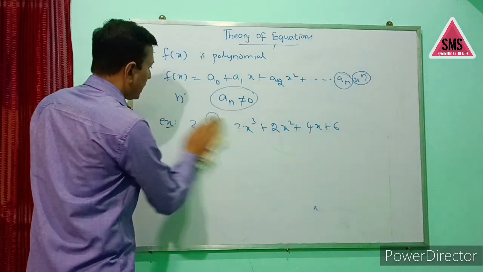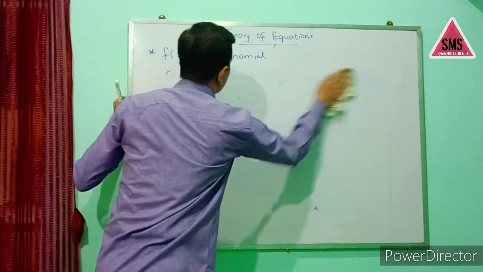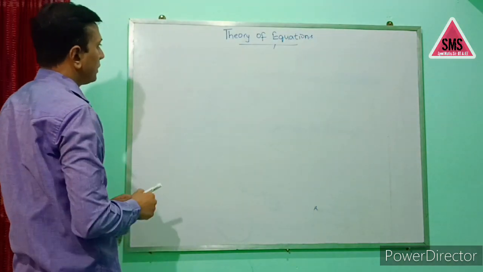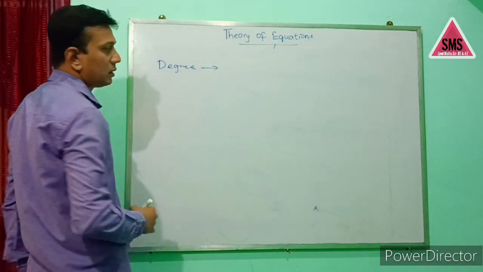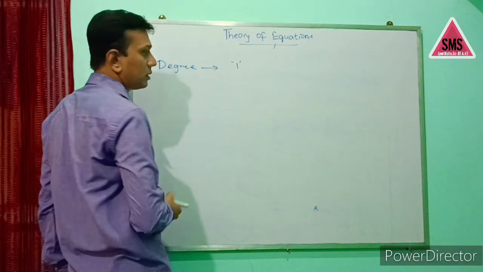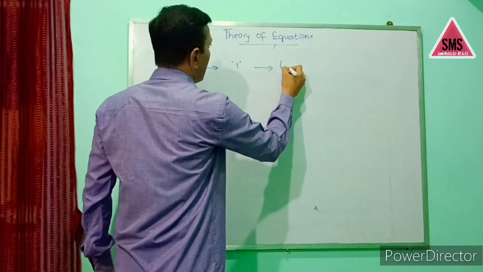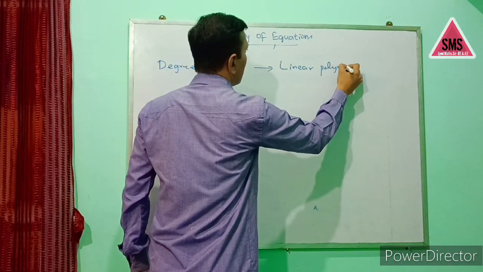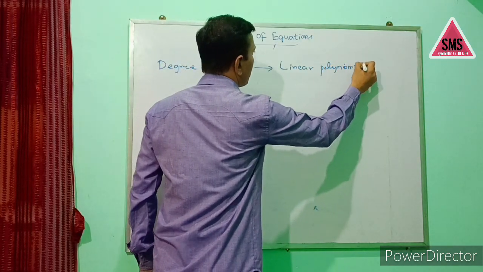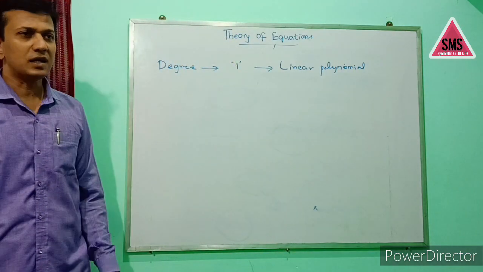So based on degree, if the degree of the polynomial is 1, then we call it a linear polynomial. What is the general form?